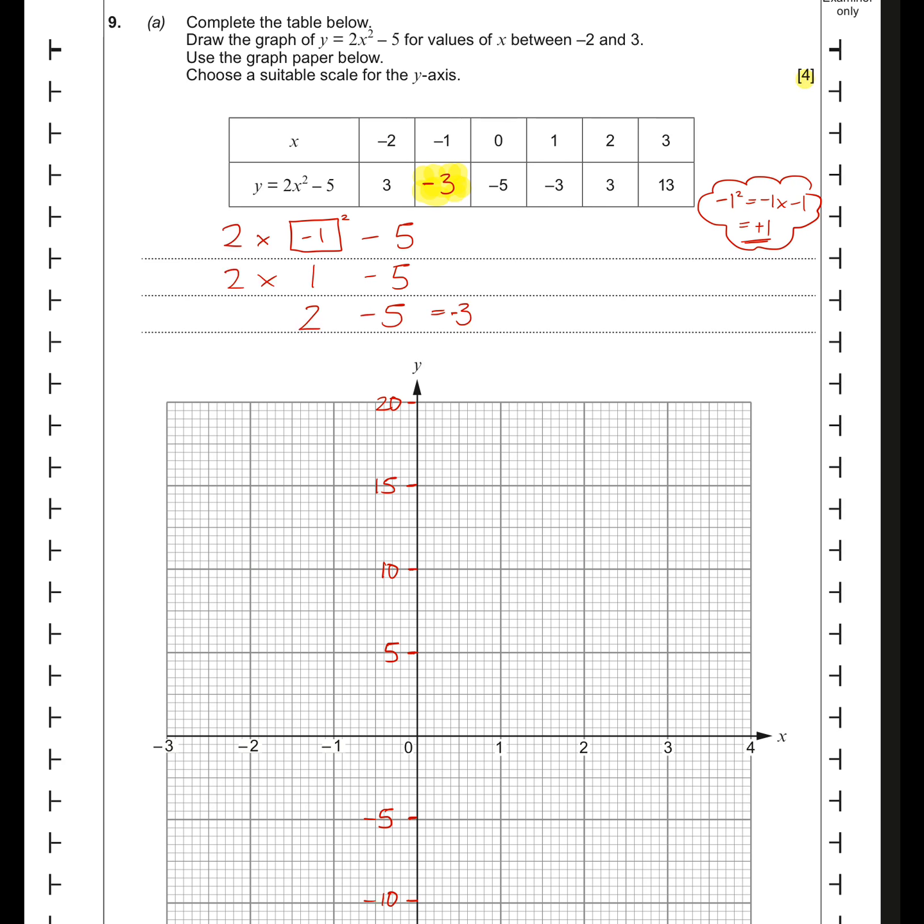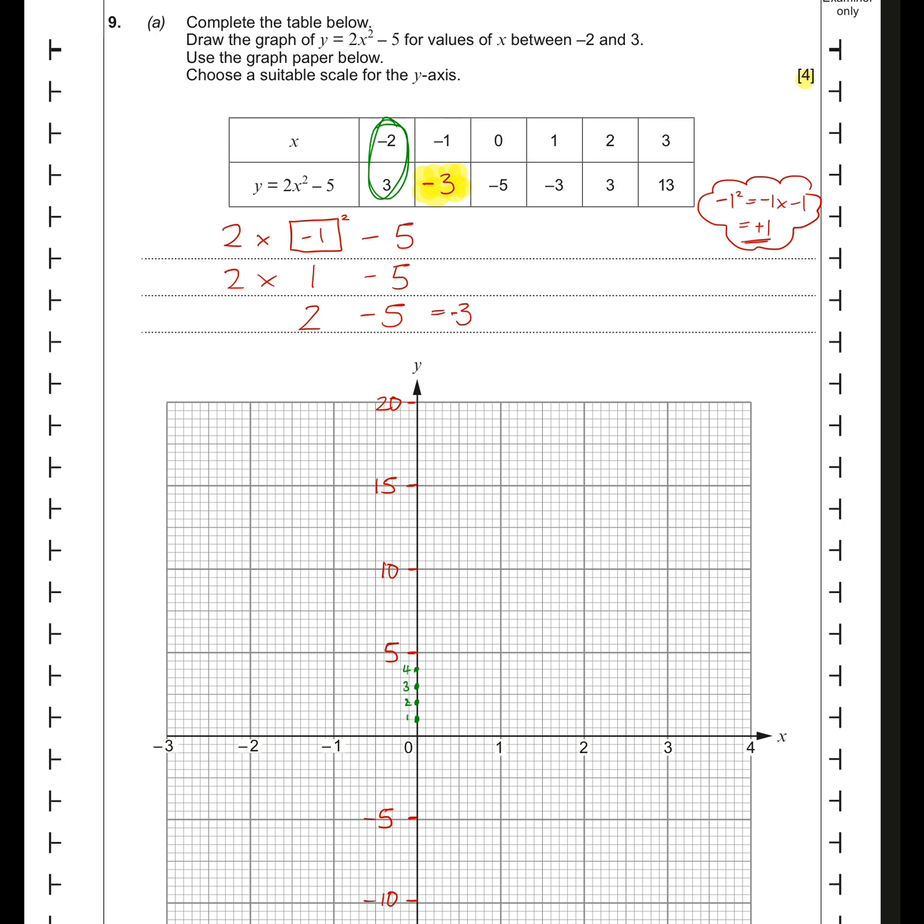I know from the table that everything's going to fit on the graph now, so I'm just going to run through plotting the points. For the first pair that I plot, I go across to minus 2 and up 3. I've just chosen a scale that means I'm jumping 2 squares at a time. So if you see here on the axis, I've zoomed in, and I've now got 1, 2, 3, 4, 5. Every 2 squares is a unit.